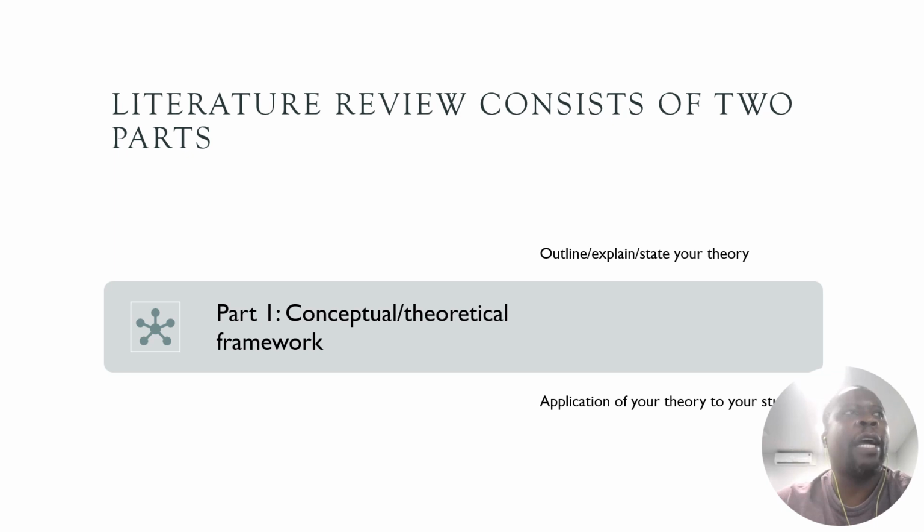If you are using the social learning theory by Albert Bandura, for example, in education, you need to outline it, you need to explain to us so that your readers understand what the theory is all about. Then when you finish that, you need to apply your theory to your study.